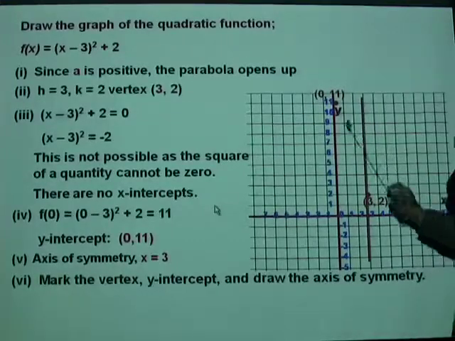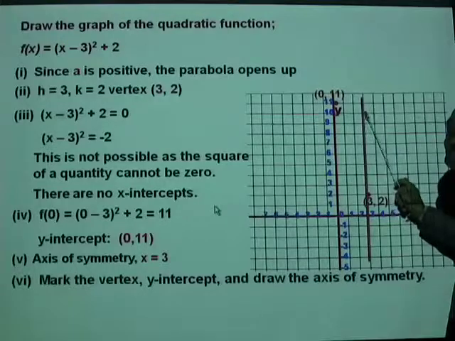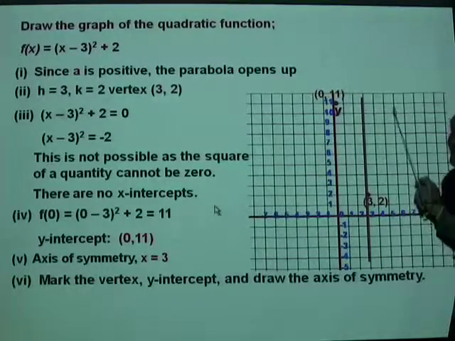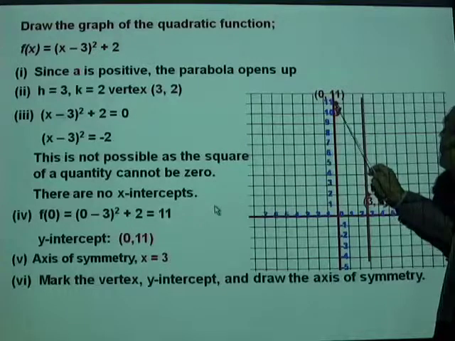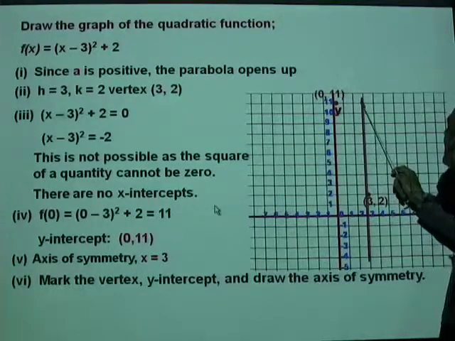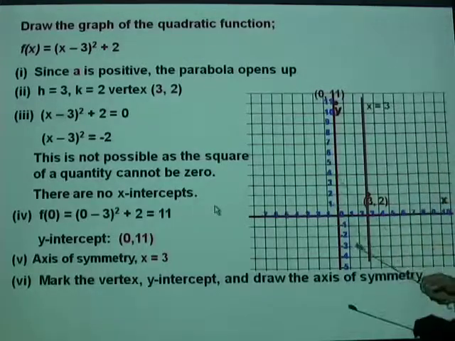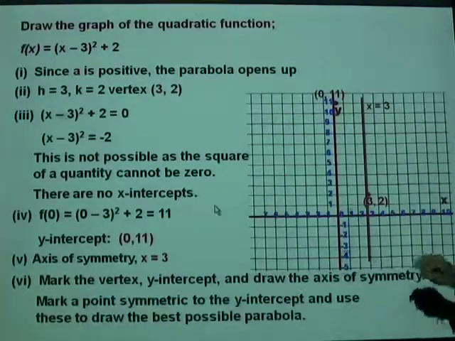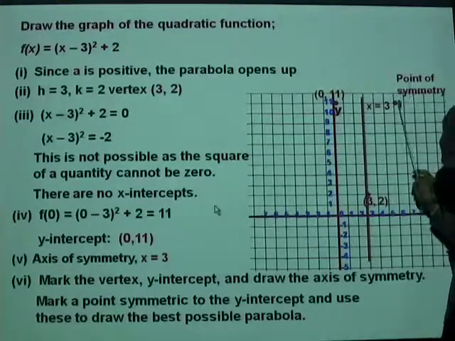Is that right? If this distance is 3, then you go another 3 from the line, the function value must be the same. So if (0, 11) is a point on the parabola, then (6, 11) will also be a point on the parabola. Now, knowing that, you can see the point of symmetry.